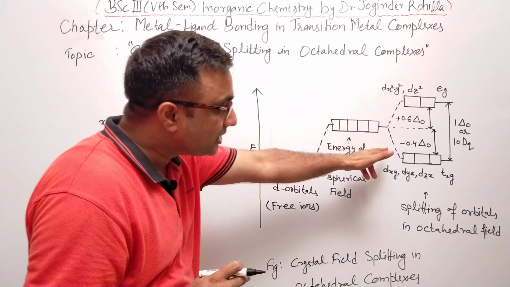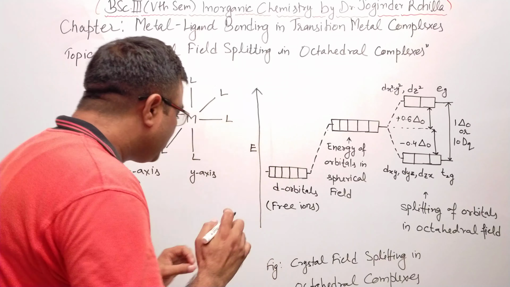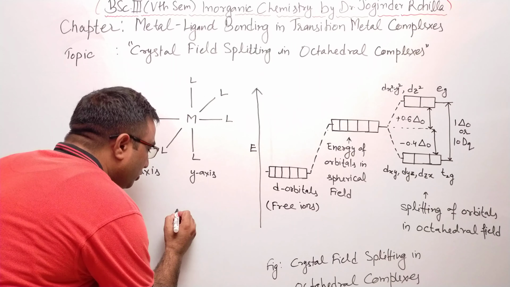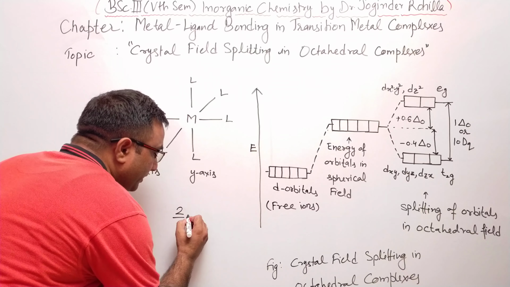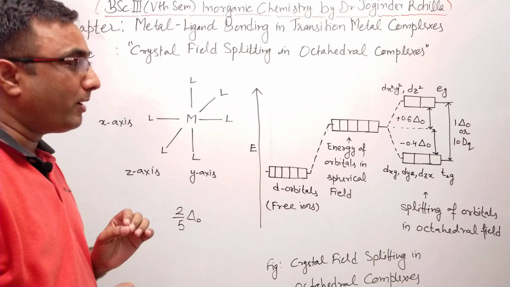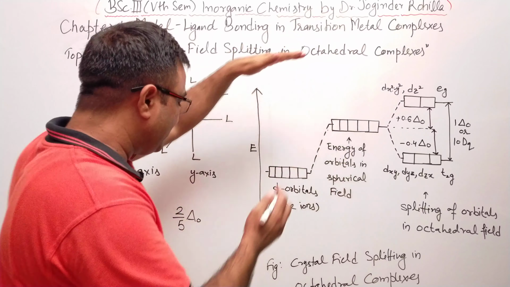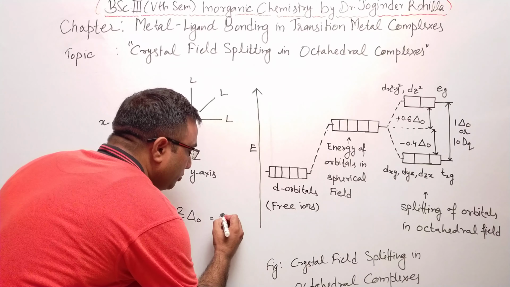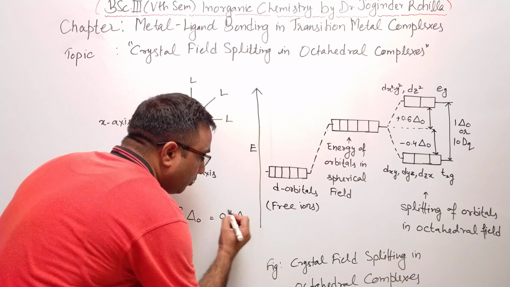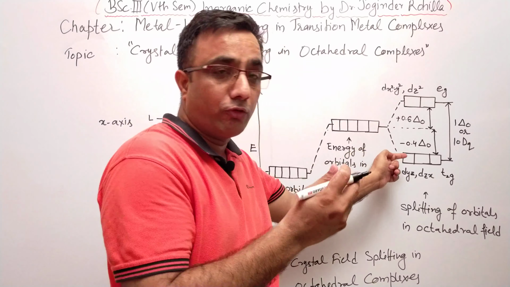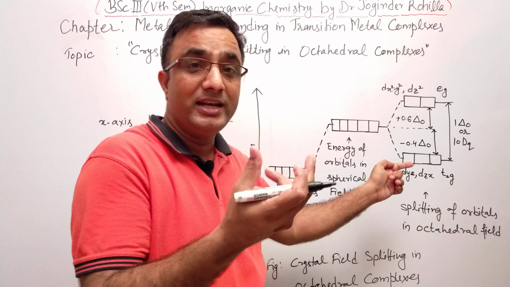So the stabilization factor for these three orbitals will be calculated as 2 by 5 delta O. 2 by 5, because that is equal to these two orbitals of higher energy, and it comes out to be 0.4 delta O. So the stabilization factor for these three orbitals will be minus 0.4.